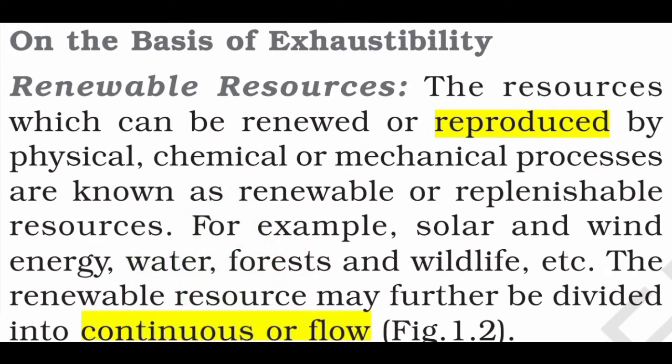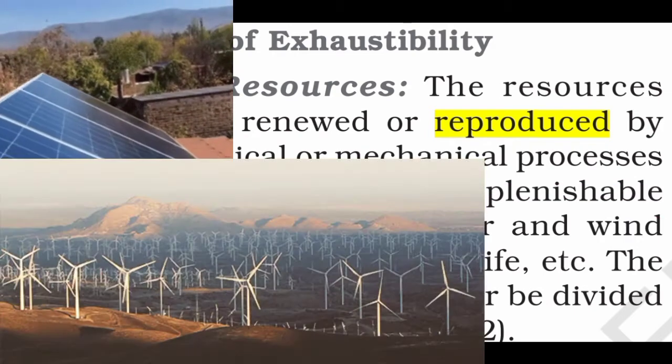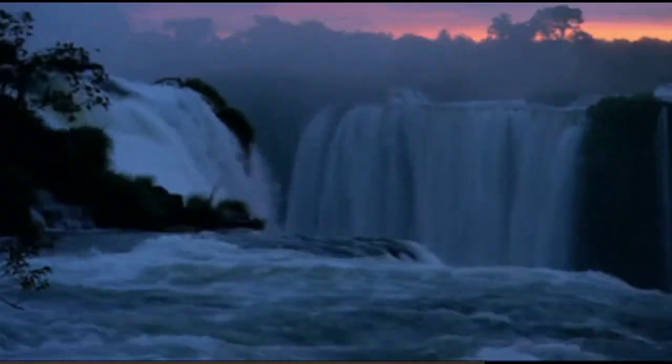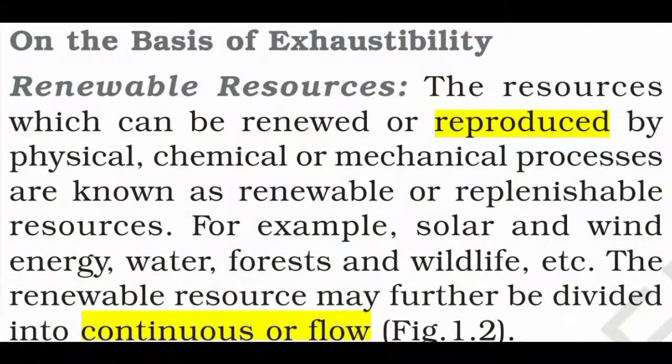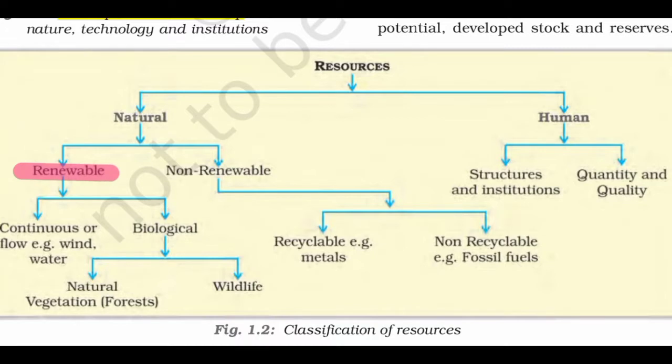For example, solar and wind energy, water, forests, and wildlife, etc. The renewable resource may further be divided into continuous or flow. The description is given in figure 1.2, which has already been explained to us.